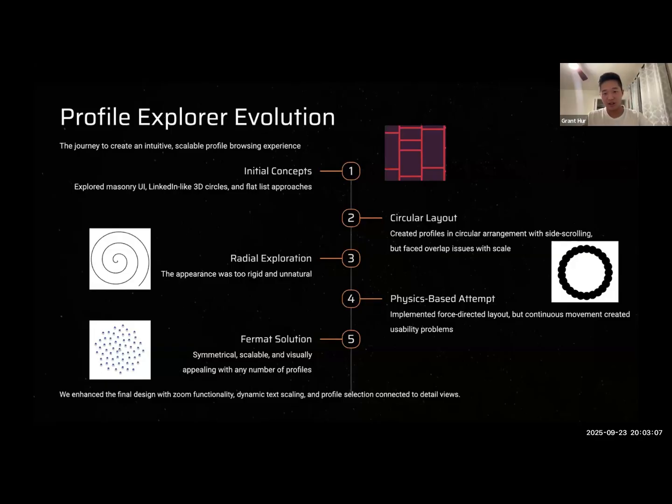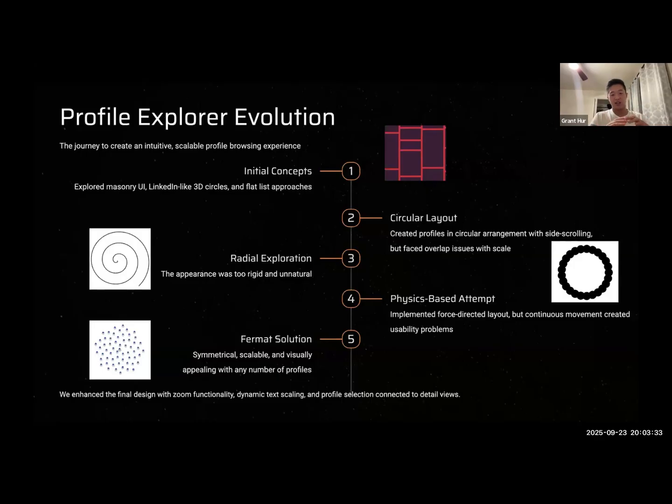And so we decided to try making something custom with circles. I started making the profiles in a circular arrangement, but obviously it didn't look good with more scale, and it was just for testing. Then I tried putting all the circles in a spiral, but it ended up looking rigid in the app. So I tried making something less rigid with a physics-based attempt.